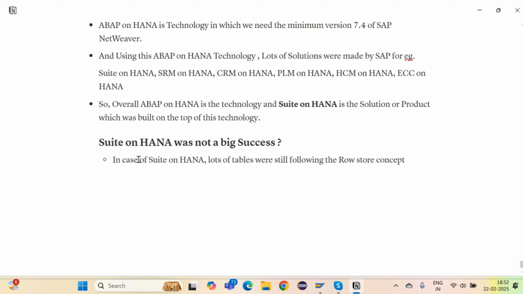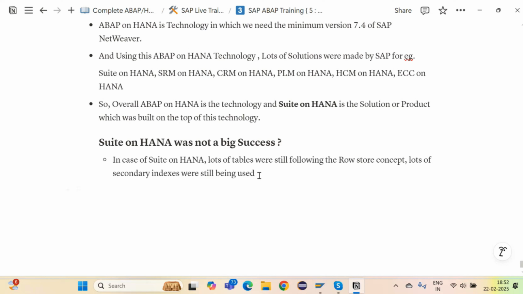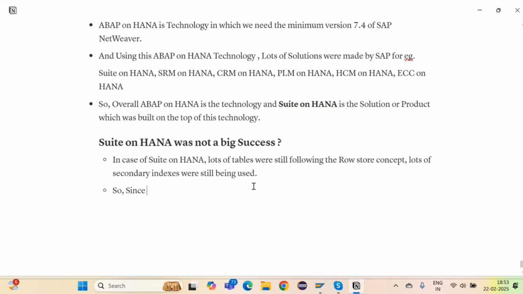Lots of secondary indexes were still being used. So this solution was not a big success for SAP.